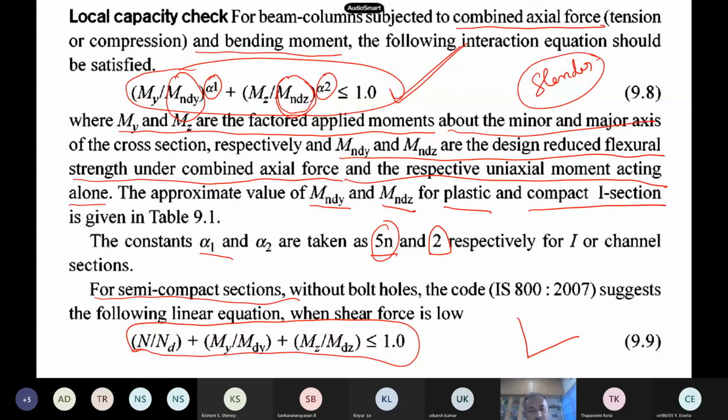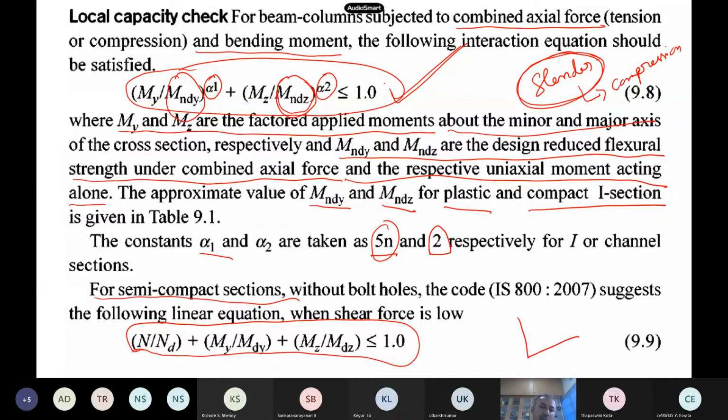Long back we studied compression members. What does our code say? Slender sections can be used as a compression member. So that's why the code also doesn't specify here. You have to use only semi-compact, plastic, and compact sections.